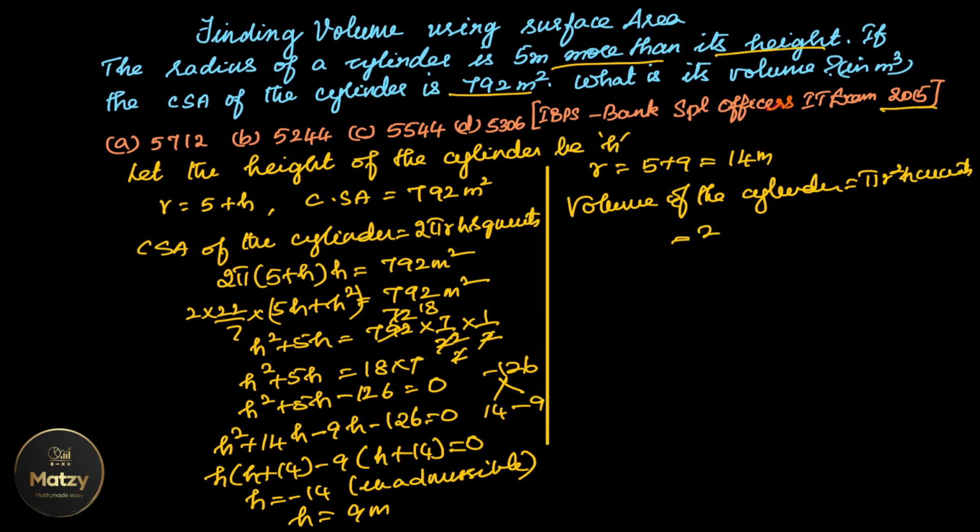So 22 by 7, what is r? 14 into 14 into what is h? 9. 7 is going into 14 two times. So 44 into 126 will give you 5,544 meter cube.